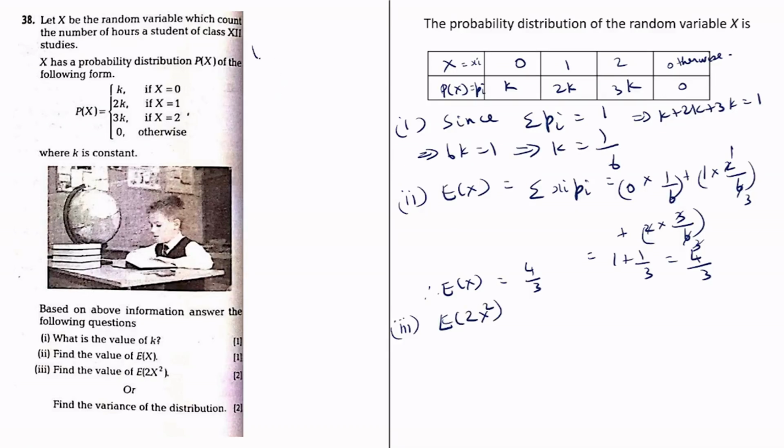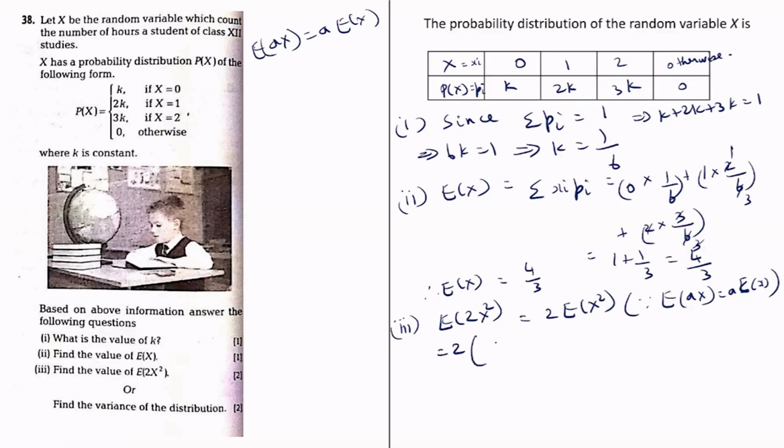Now we know that expectation of ax is equal to a into expectation of x. So we can write this as 2 into expectation of x square.